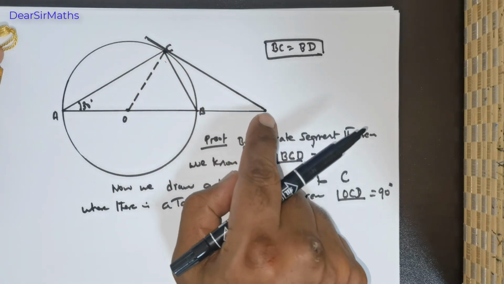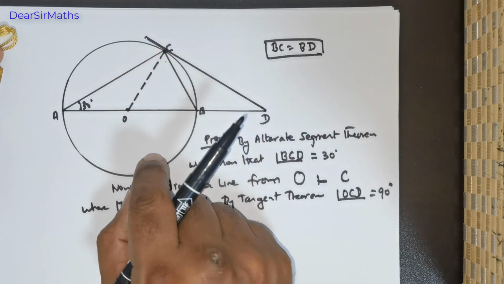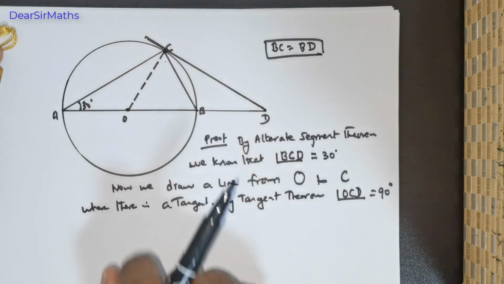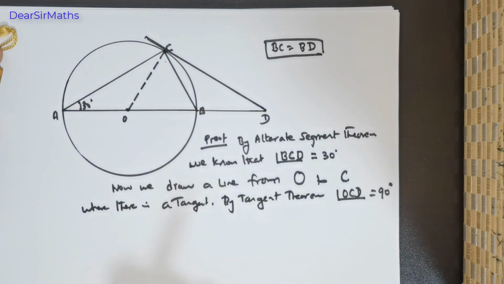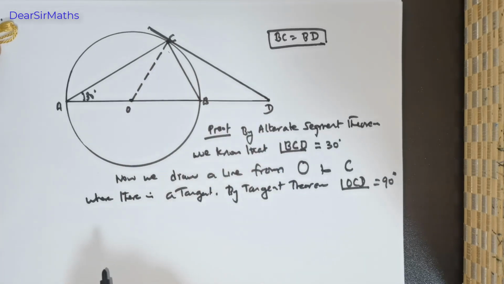Now clearly DOC and BOC are going to be equal, right? So if they are equal, what is it? Now to get the angle BOC, we are going to use the central angle theorem, right?